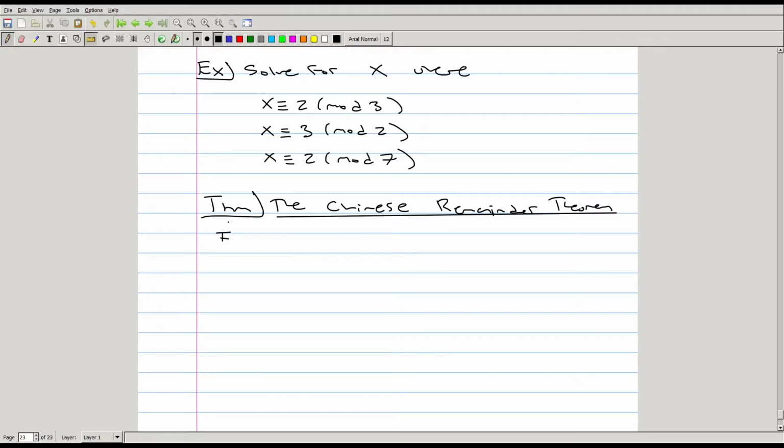So if m1 through mn are in Z plus, so they're positive integers, and they're pairwise relatively prime, which we defined earlier.